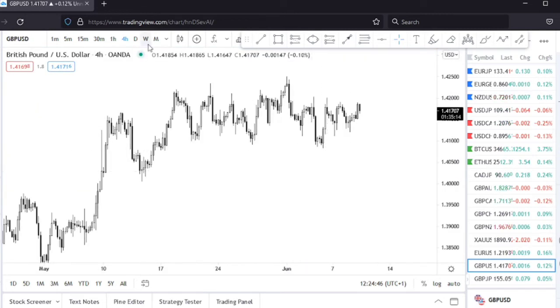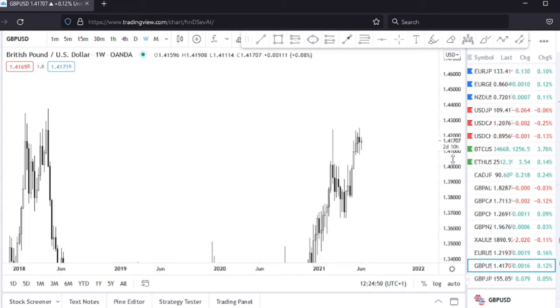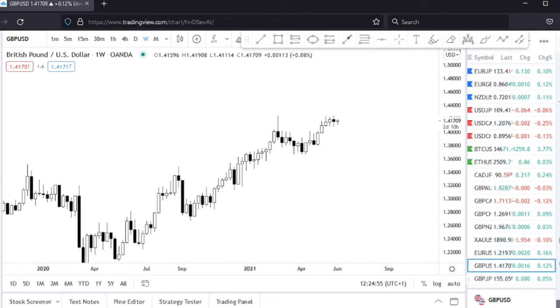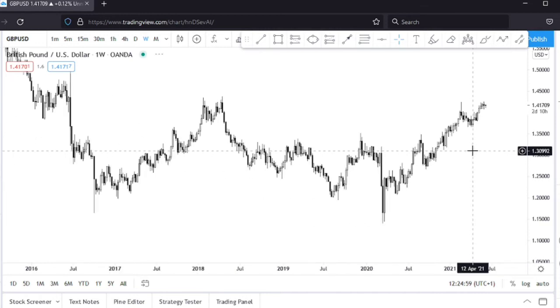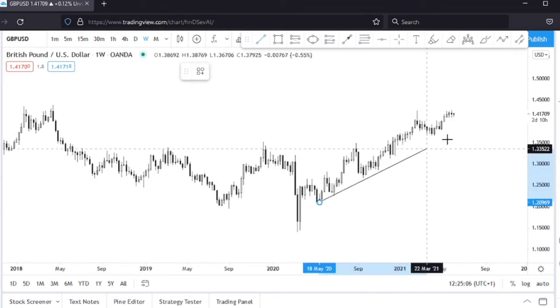For GBPUSD, I'll start again from the weekly time frame. Looking at it, you can see that price is in an uptrend as well.